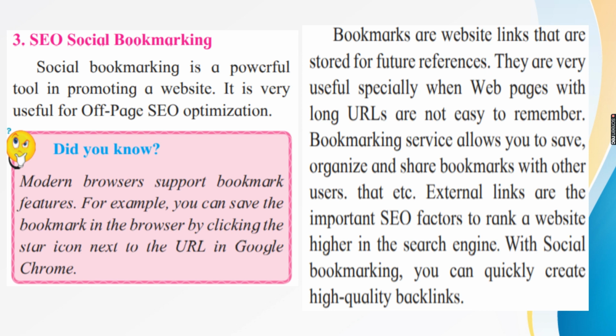So this is how these three things are given over here. First we discussed what tags are needed for developing the web page. Then we studied keywords. There are tools available, and developers can use those tools and a planner to plan which keywords are popular and which keywords to be used inside the coding. Then the third is search engine optimization, social bookmarking.